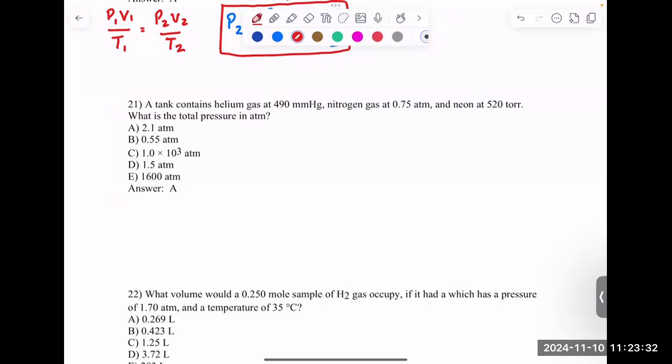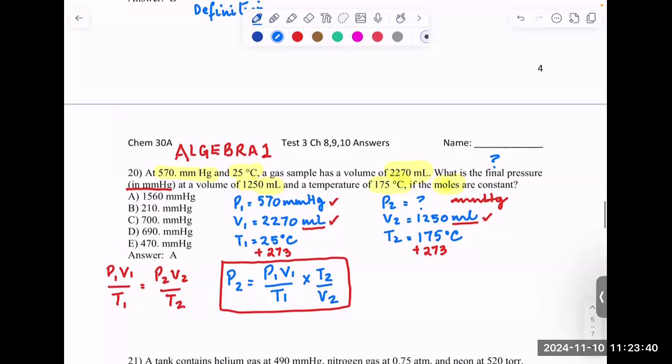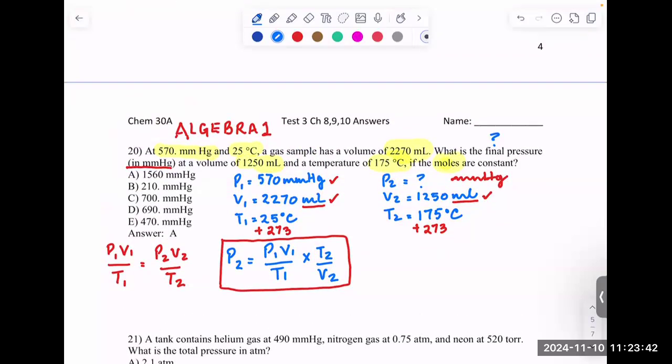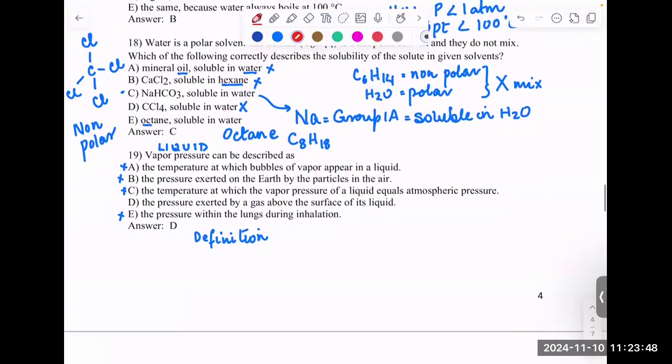A tank contains helium gas. A question? Yeah, go ahead. Do we have to know the formulas of the organic chemistry compounds like methane and octane? No, you don't. Because it was in some of the questions.